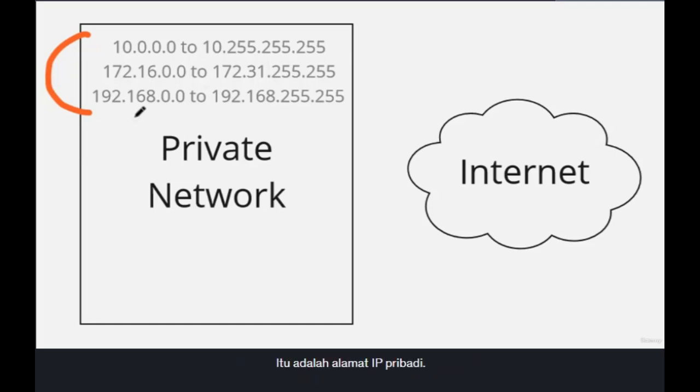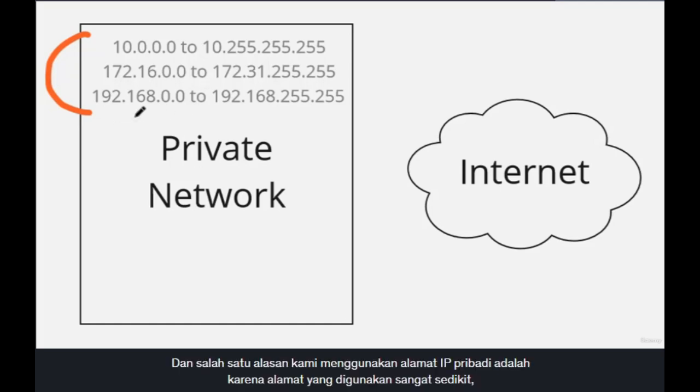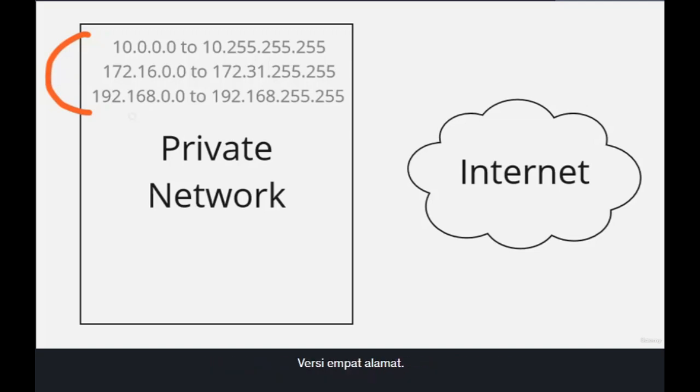They're private IP addresses. And one of the reasons we use private IP addresses is because there's only so many addresses to go around. And there's way more devices out there now than there are usable IP version 4 addresses. There's no way that we could give a public IP address to every single smartphone, every single computer, every smart thermostat, every smart whatever in the world.